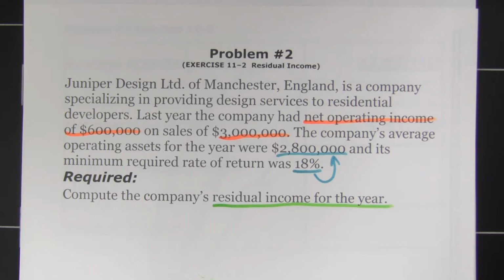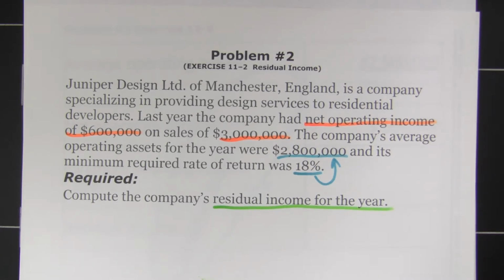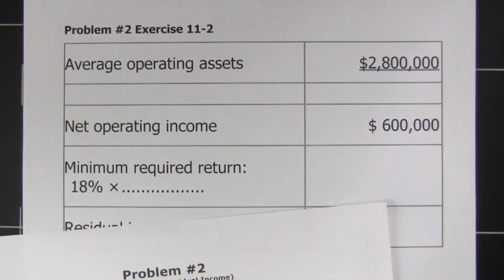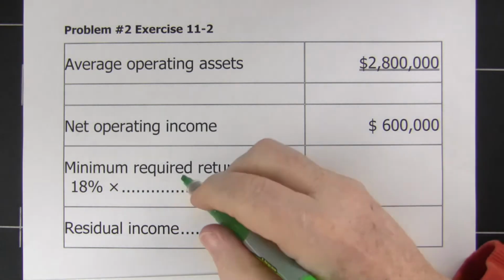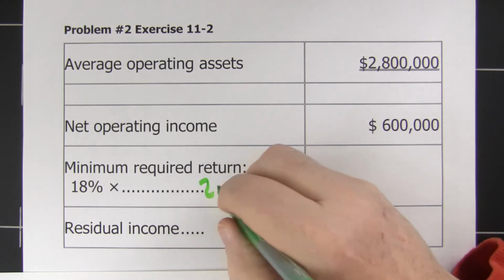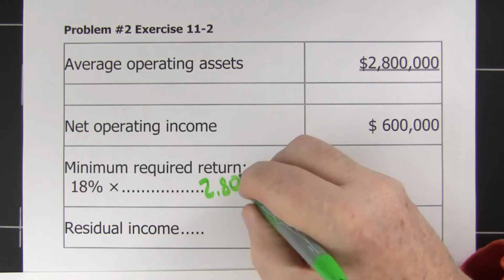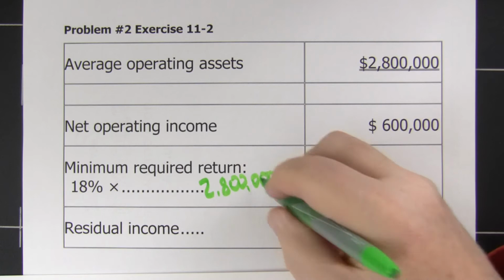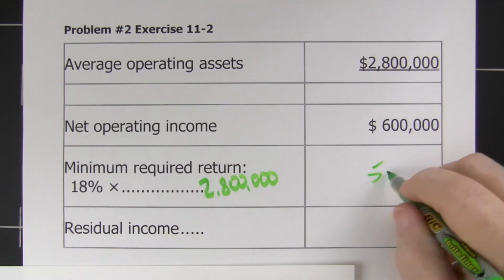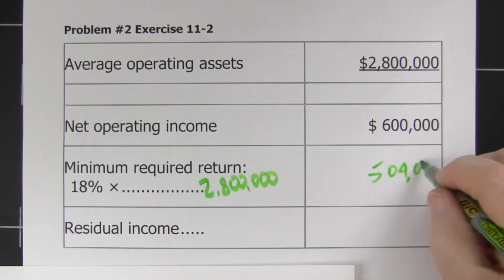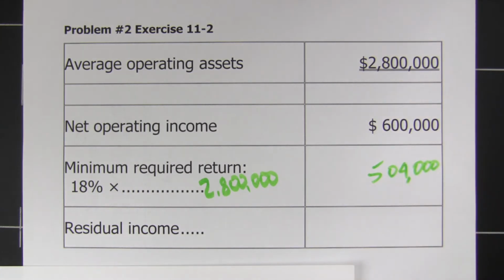We can multiply 2,800,000 by 0.18. So we'll take the 18%, we'll multiply that by 2,800,000. We'll come up with a number of 504, assuming our fat little fingers don't hit the wrong buttons on the calculator.